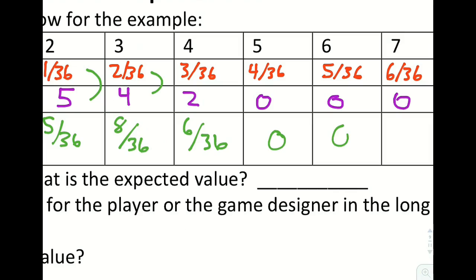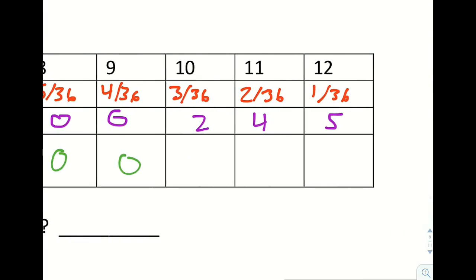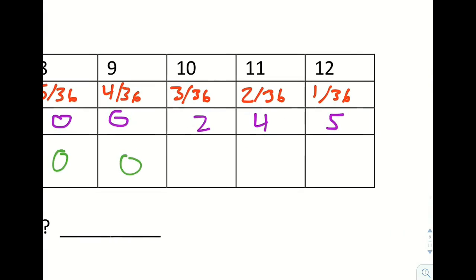0. Remember, 0 times anything is 0. Too far. Nope. All of these are 0. And then we're going to multiply this one to get 6 out of 36.